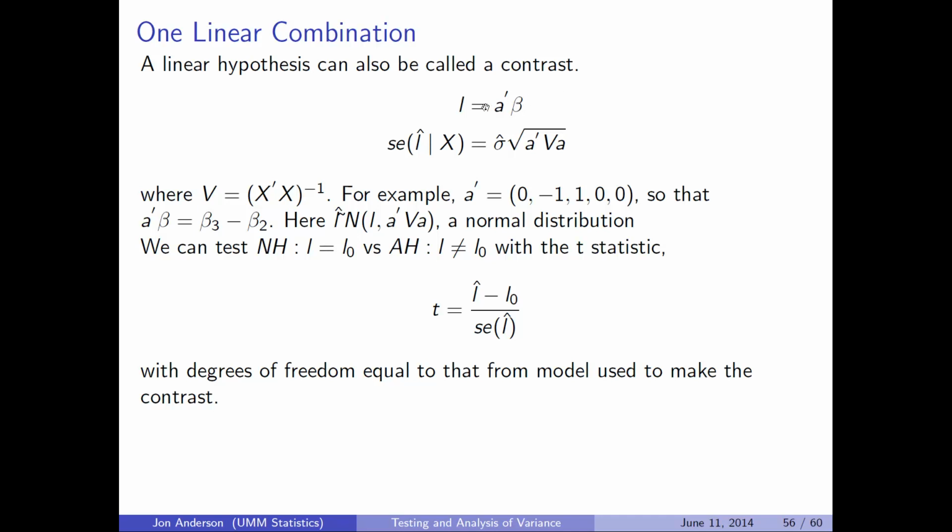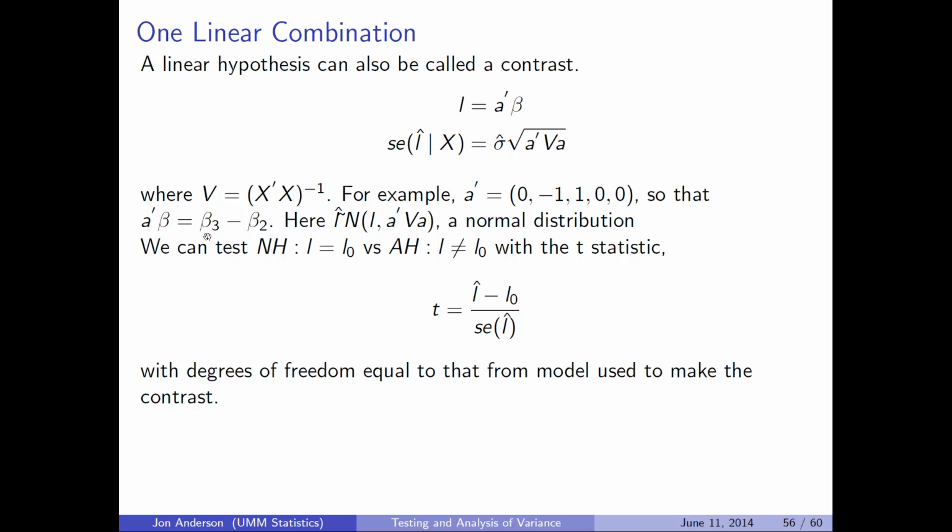It'll produce a linear function of the betas. And we can just plug in beta hats to get an estimate. But the variation requires this kind of formula: the constants that we want to use to construct the combination times the variance matrix times the constants, all square root.